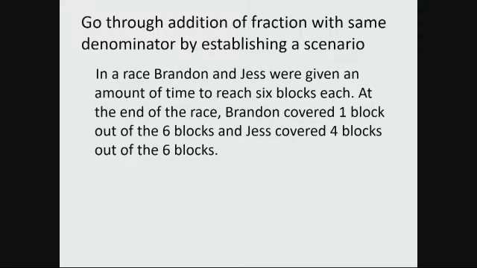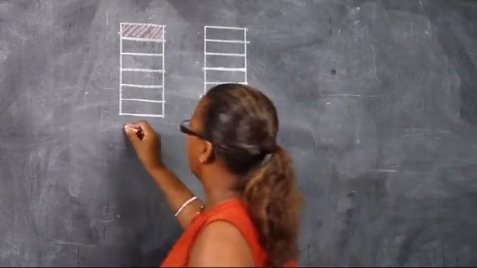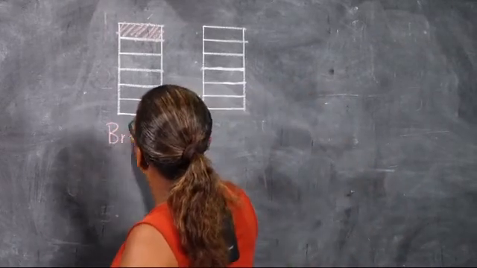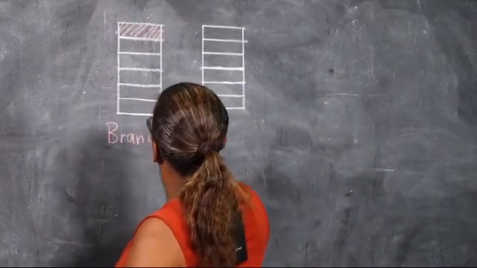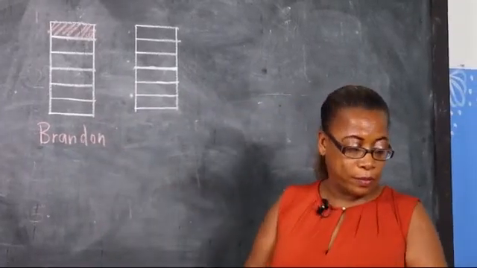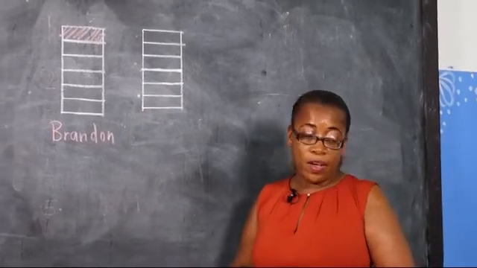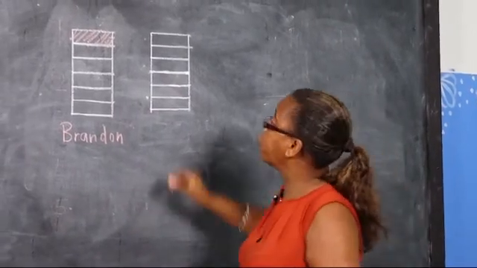At the end of the race, Brandon covered 1 block, okay, 1 block out of the 6 blocks. This is for Brandon. He covered 1 block out of the 6 blocks. And Jess covered 4 blocks.